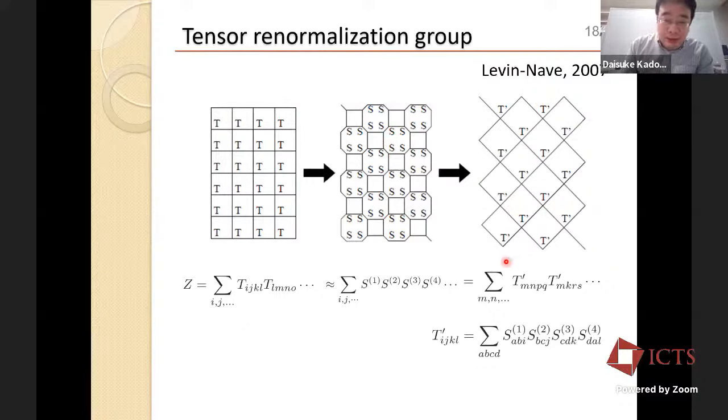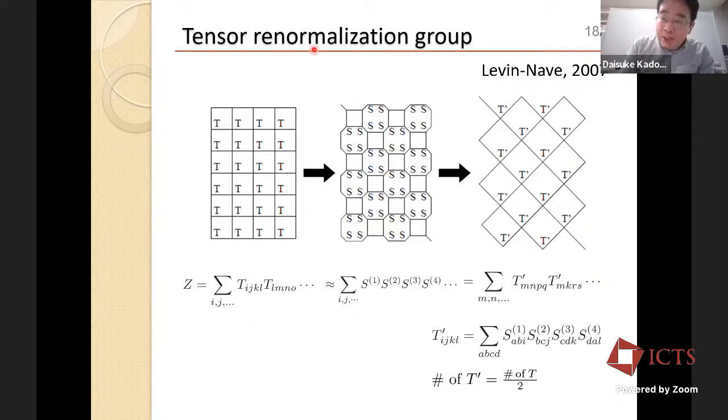An important point here is that the number of T prime is half of the number of T, because T is decomposed into two S's, and the renormalized tensor T prime is made of 4 S's. So the number of T prime is half of the number of T.